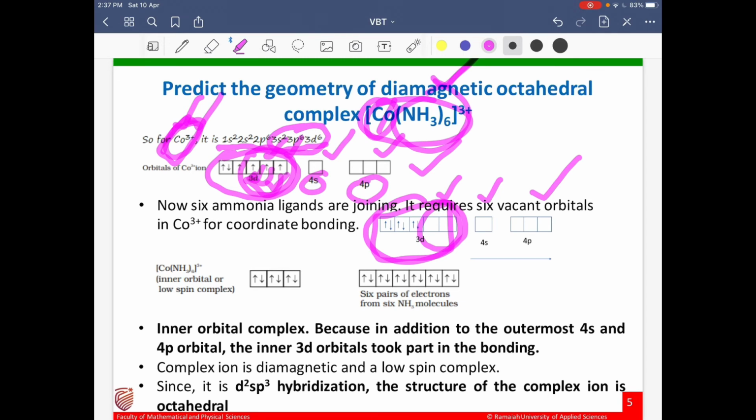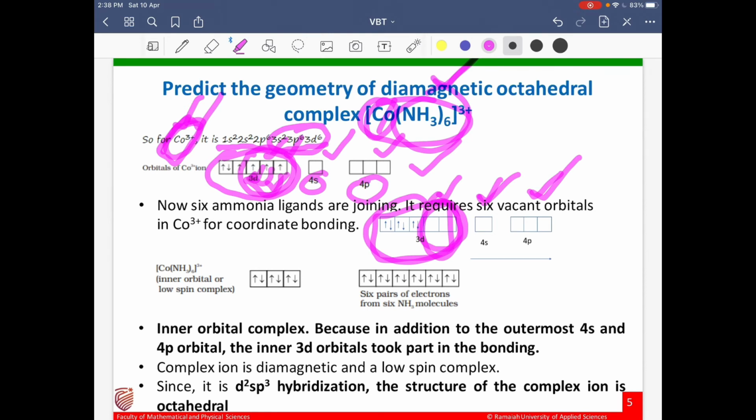So these orbitals undergo d2sp3 hybridization. We can call it an inner orbital complex because, in addition to the outermost 4s and 4p orbitals, if you see the type of orbitals which undergo the hybridization, one is 4p, then 4s. They are outermost orbitals, and 2 orbitals from 3d, which are inner orbitals.